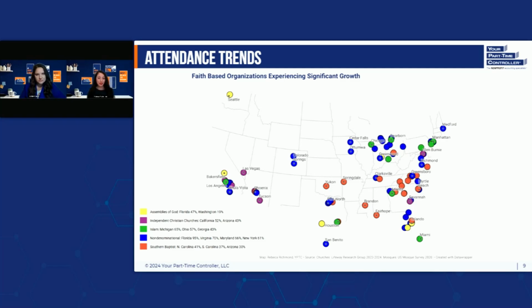And then what we're seeing with mosques is aggregated information. The dots you are seeing for the churches are the actual churches, and the dots you're seeing for the mosques are aggregated information, where we're seeing the highest growth in Michigan of 65%, followed by Ohio at 57% and up to 43% in Georgia.